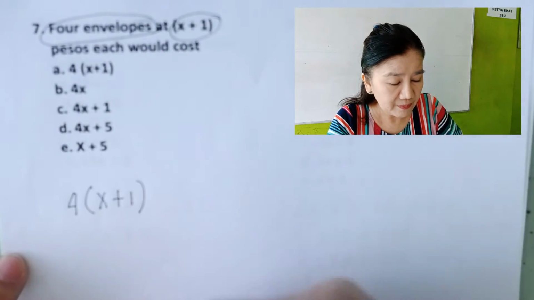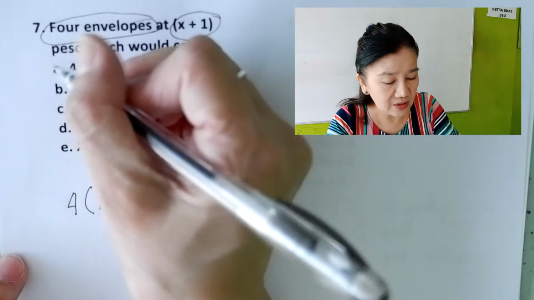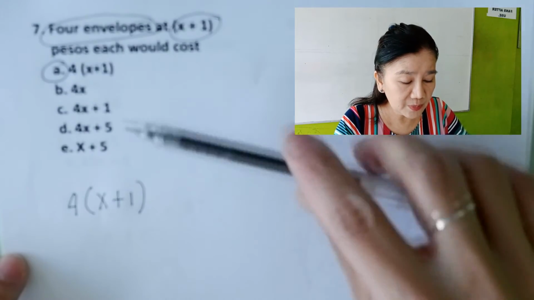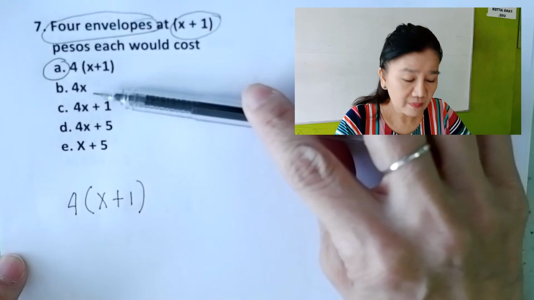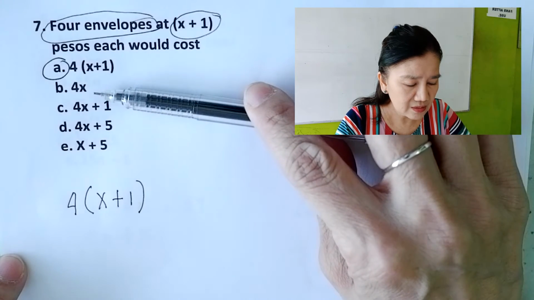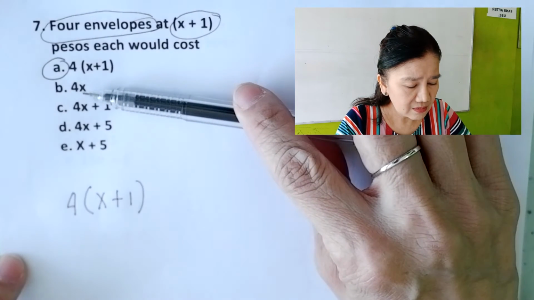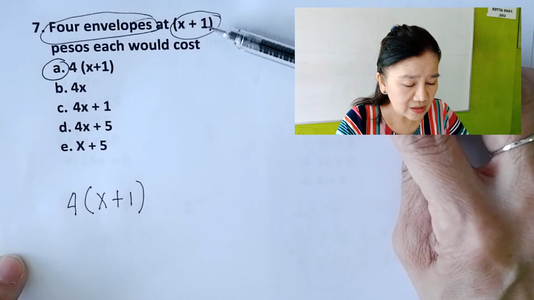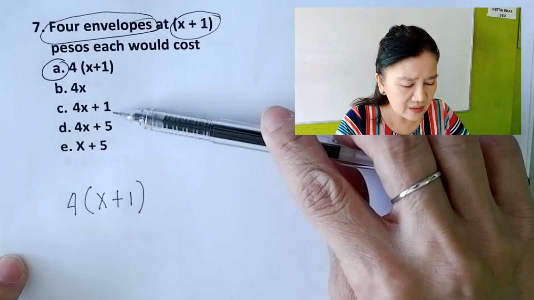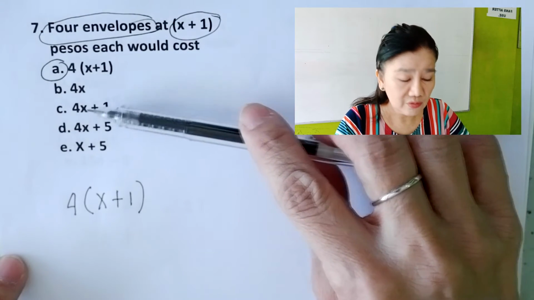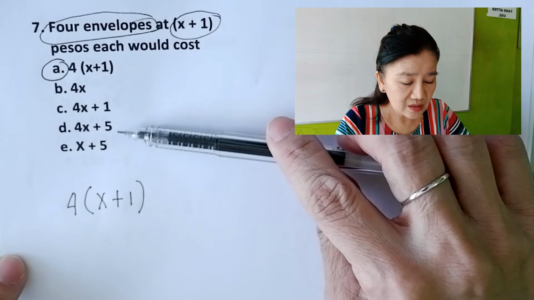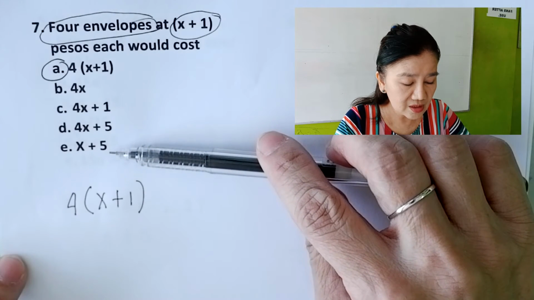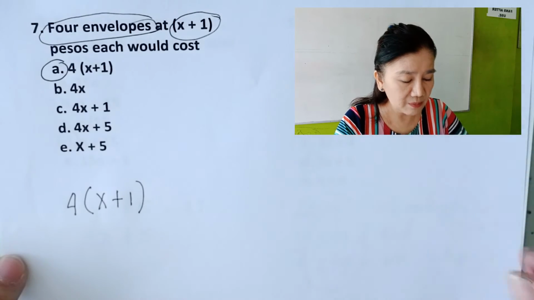You will get the total amount. So the correct answer is letter A. How do we interpret letter B? 4x simply means 4 times a number x, because x plus 1 is the cost. This is simply 1 added to 4 times a number x. This is 5 added to 4 times a number x. And this is now the sum of a number x and 5.